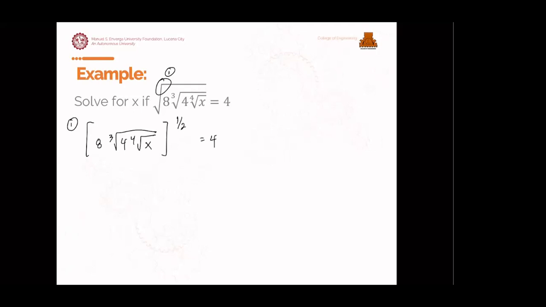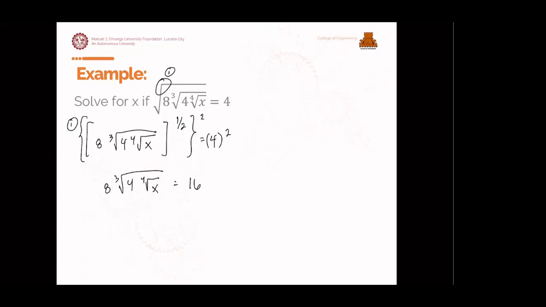Okay? Ang goal natin ma-eliminate si 1/2. So ang gagawin natin is to raise both sides of the equation by 2. Kasi kailangan mo maging 2 over 2 para maging 1. Okay, sorry. So this will be 8 cube root of 4, fourth root of x is equals to 16.